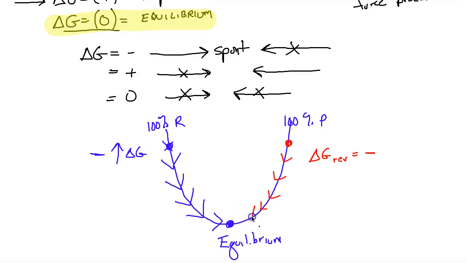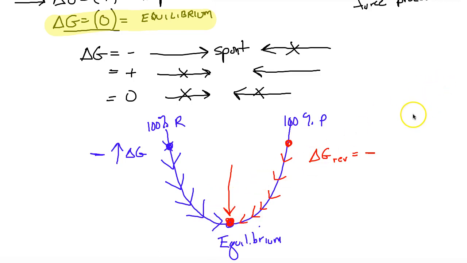And it keeps going until the delta G becomes less and less negative, and that's the death of a reaction. At this point, delta G becomes 0. And even though there is some movement this way and this way, the pathways are now essentially equal, and now there's no preferred pathway.